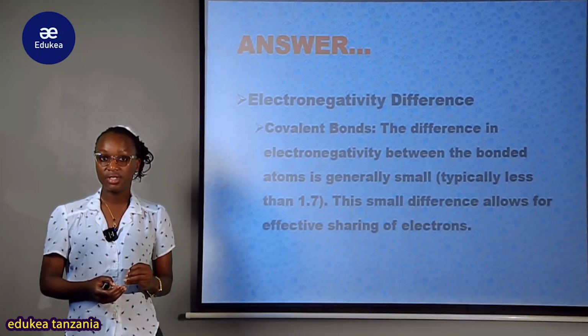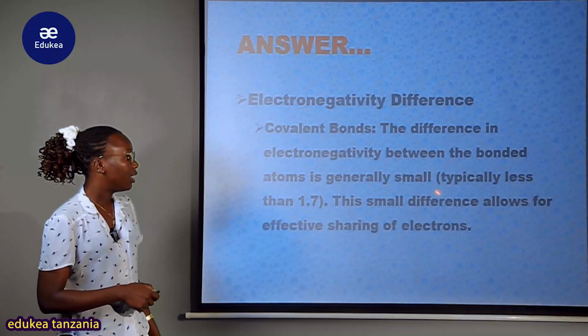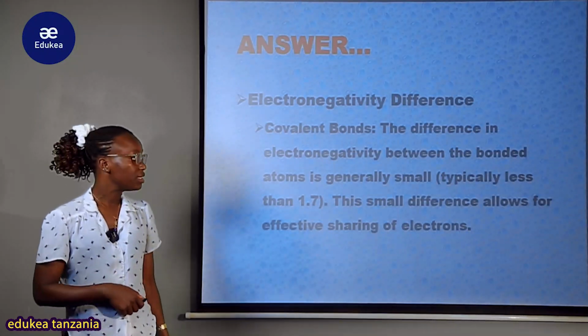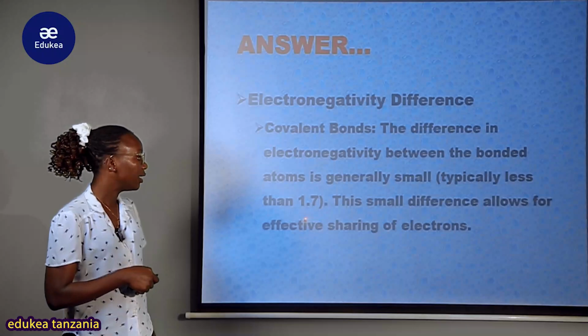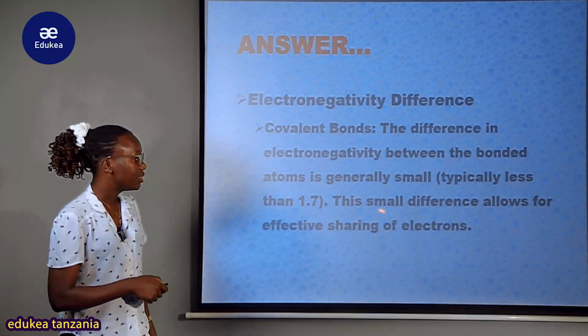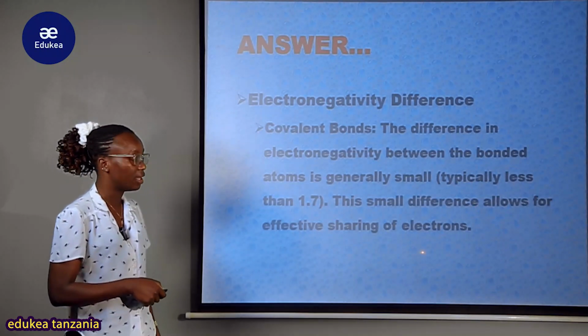That is the electronegativity of covalent. Na hapa always, it is approximated that typically less than 1.7. Okay, these small differences allow for effective sharing of electrons.